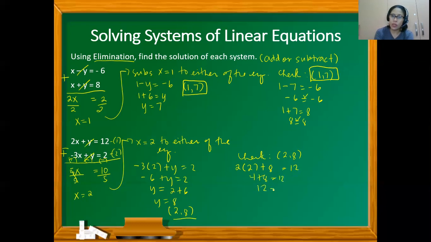So really 12 equals 12. How about the second equation? Negative 3 times 2 plus 8 equals 2. So this is negative 6 plus 8 equals 2. So 2 really equals 2. So this satisfies both equations here.